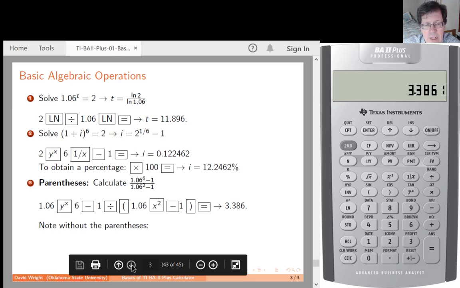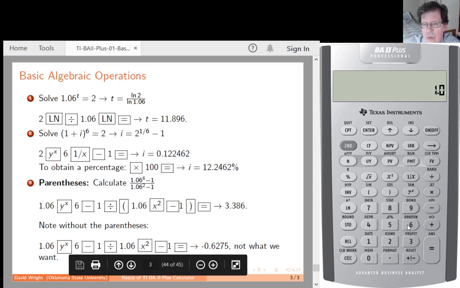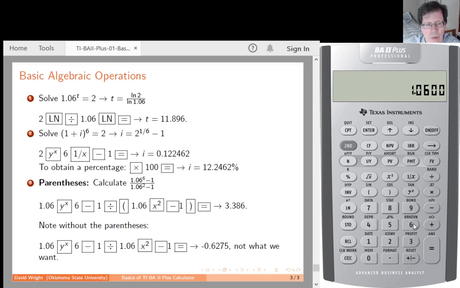Okay, if I didn't have the parentheses there, let's do it again without the parentheses. And I'll do every single button exactly the same. I'll do 1.06 y to the x sixth minus 1. Okay, so that is going to be correct. The numerator is correct. If I hit divide, I still get 0.4185. But here's where it goes bad. I say 1.06 squared.